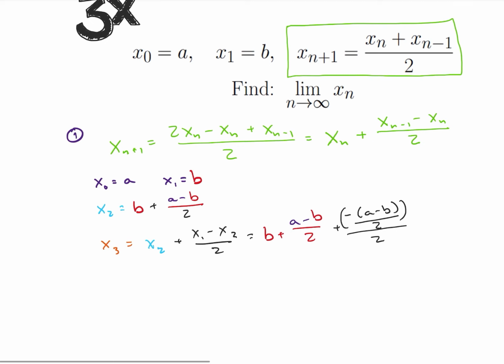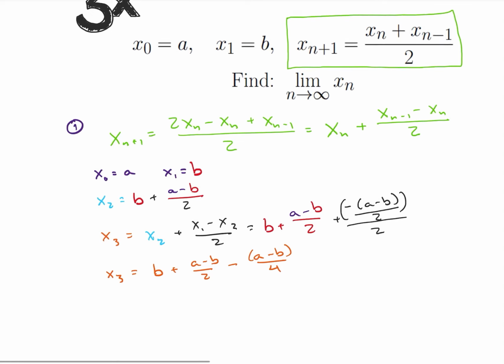All right, so I'm going to rewrite this a little bit. I'm going to stop using all the crazy colors. And x sub 3 is going to be b plus a minus b over 2 minus a minus b over 4.